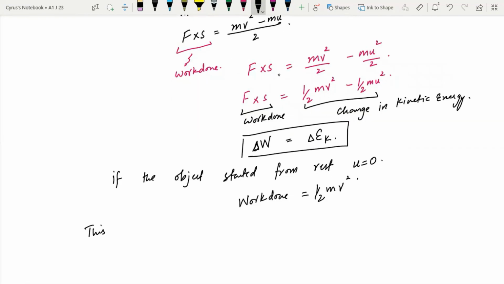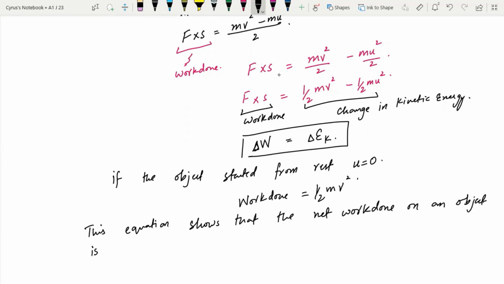This equation shows that the net work done on an object is equal to change in kinetic energy.